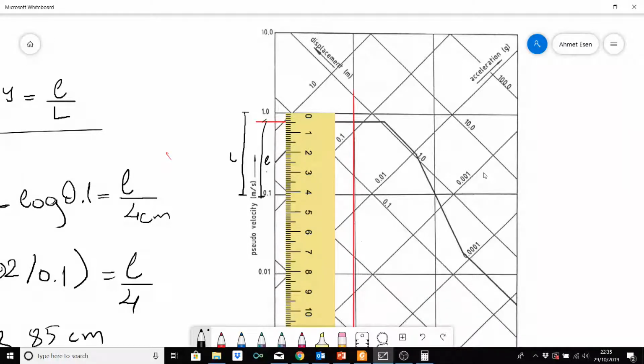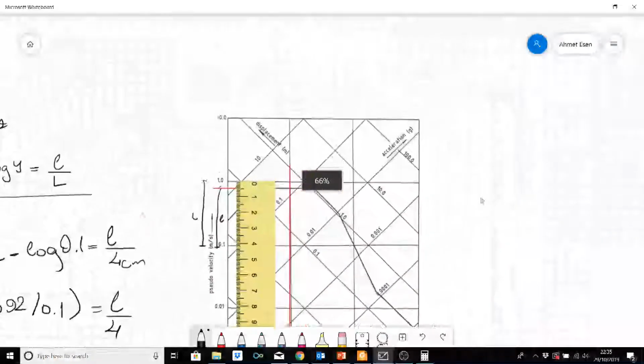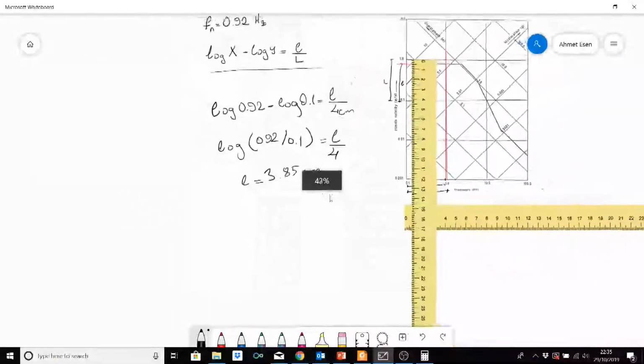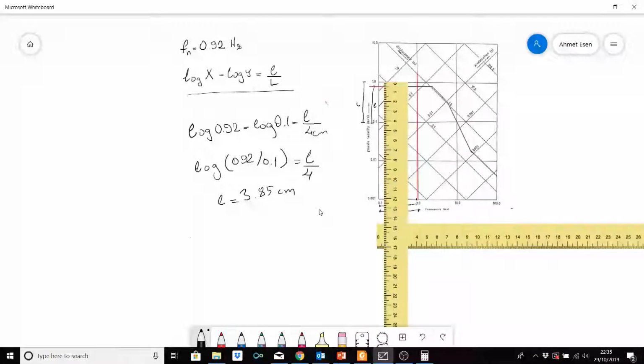Okay, so I'm going to measure this L, and I don't know the logarithmic value of this point. I'm going to calculate it using this equation. So let's calculate velocity now. Pseudo velocity. So first of all, I need to find out small l and capital L.